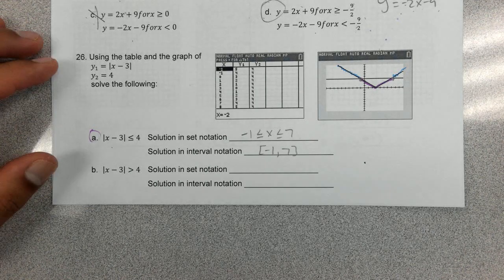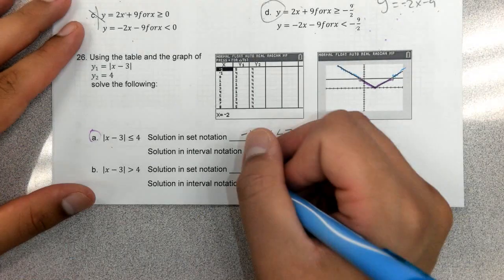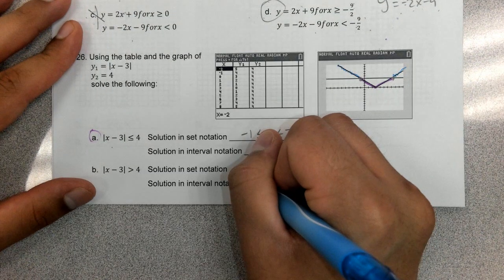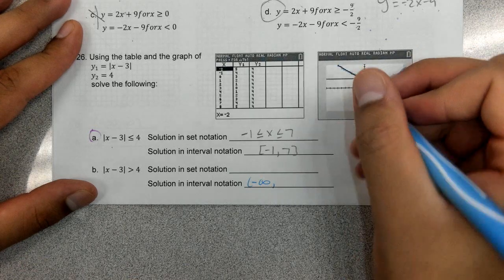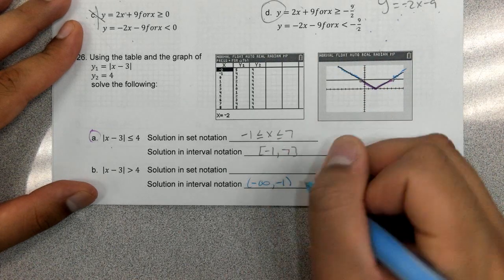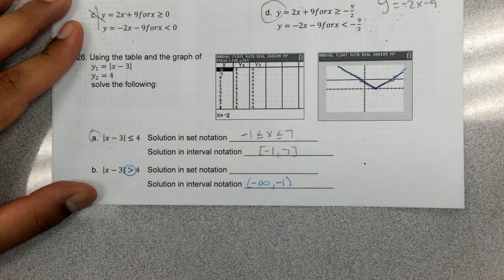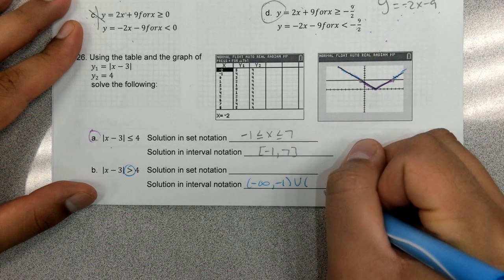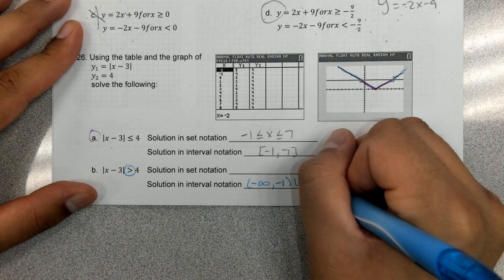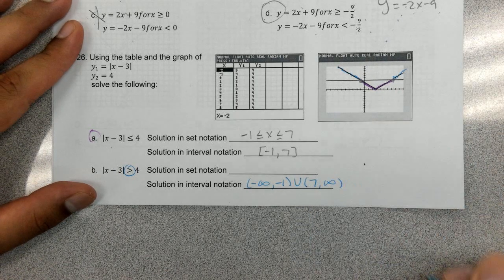So the interval notation would be from negative infinity to negative 1, parentheses, since we're just greater than, union, parentheses, 7 to infinity.